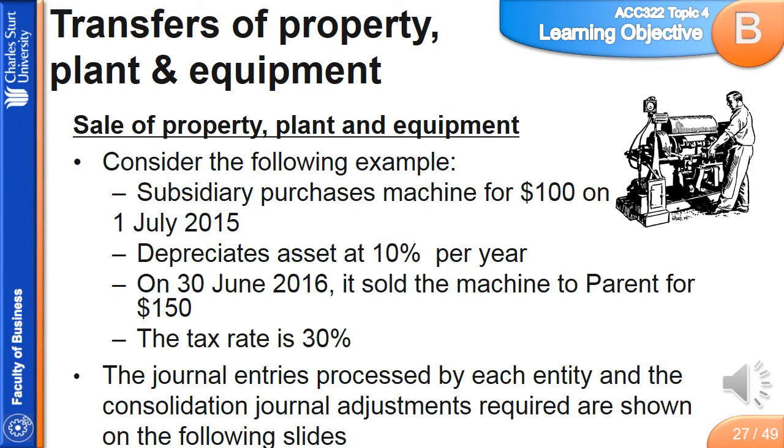And the tax rate, which we could already assume is 30%, but it's stated here. And so that's the situation, and we're going to look at, on the next slide, the journal entries processed by each respective entity, the parent and the subsidiary. And then we'll look at what consolidation adjustment is required after.